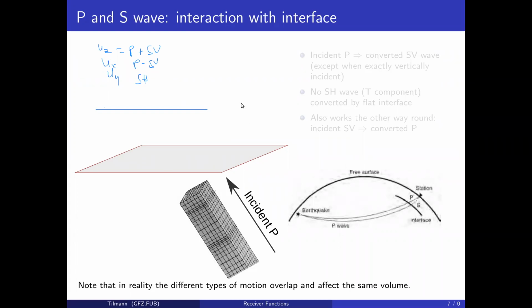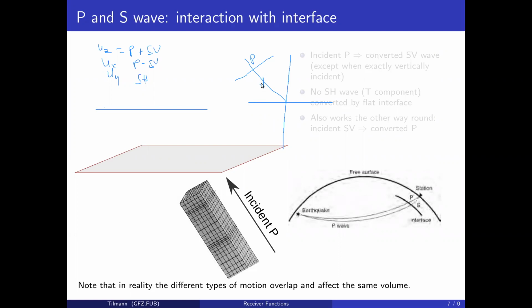So from the theory, if there is a horizontal interface, let me just do it from the top, it's much more simple. Let's say there is a P plane wave coming. This is the ray.